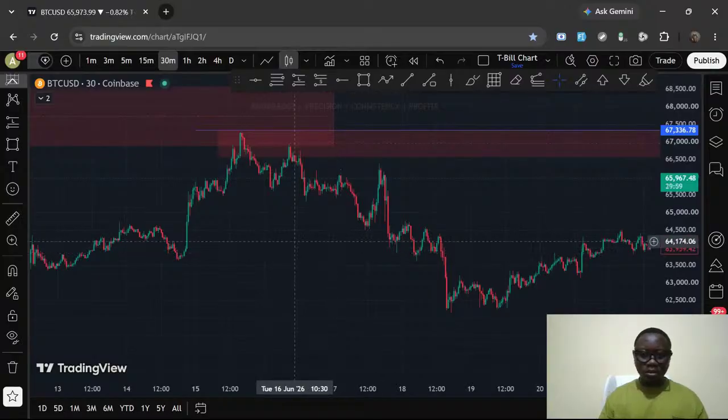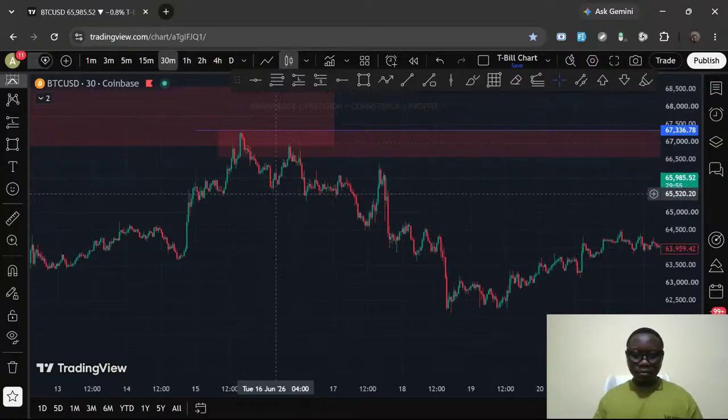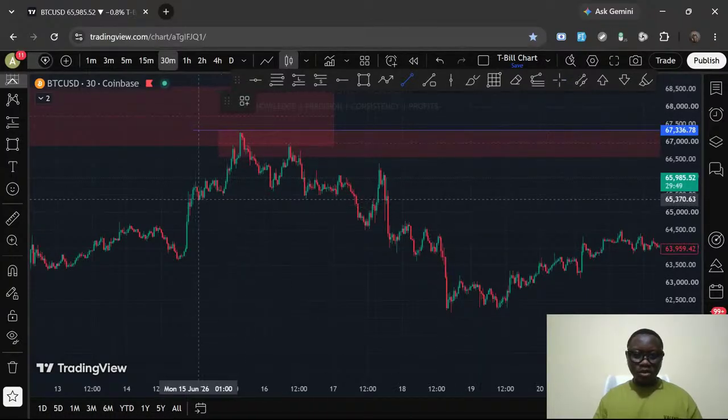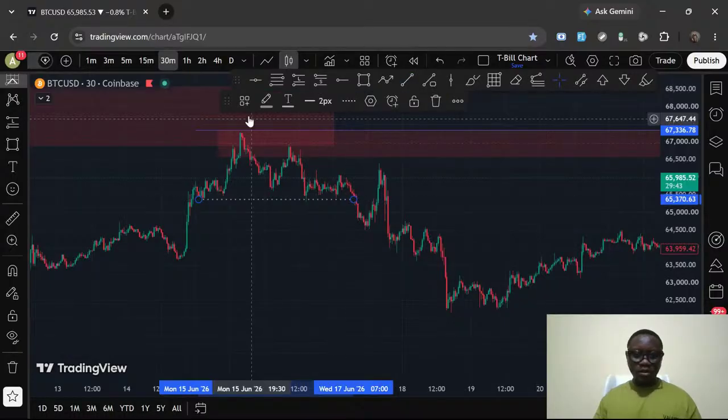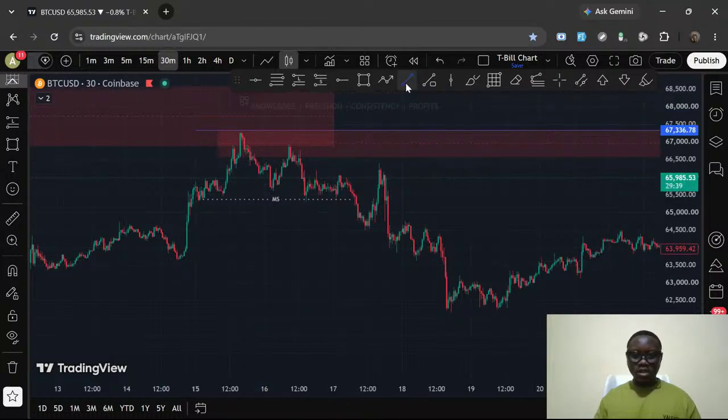So we have this break of structure, and we have this market structure shift to the downside. And this is our inducement.